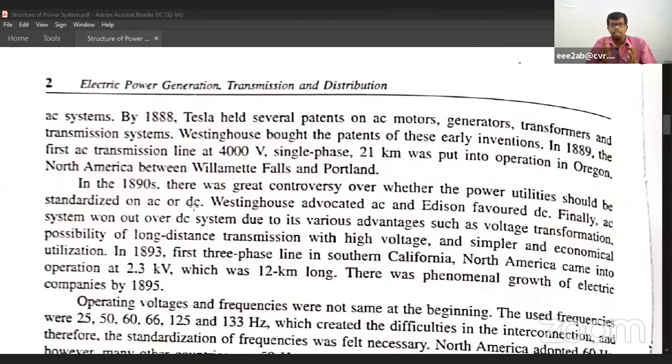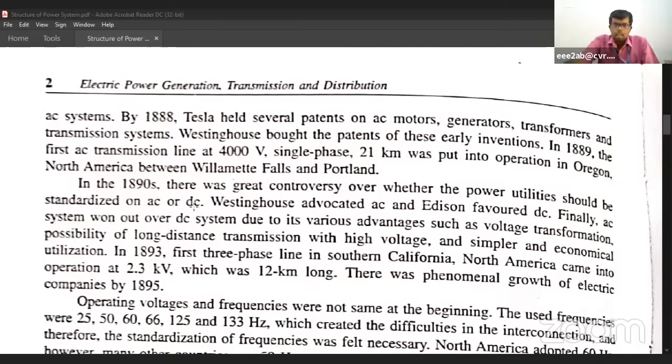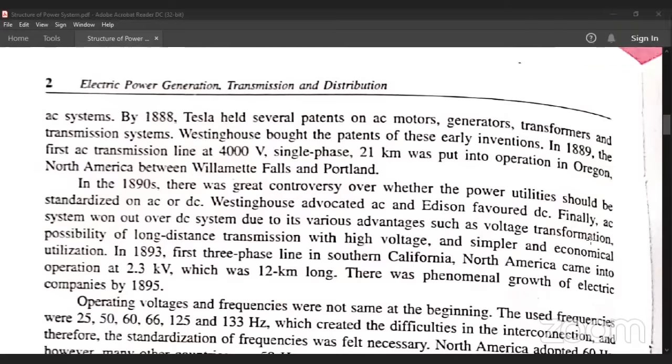In the 1890s there were huge controversies over whether to adopt the AC system or the DC system. Westinghouse advocated AC and Edison favored DC. Finally, AC won out over DC due to its various advantages, which I think you already studied, such as voltage transformation.